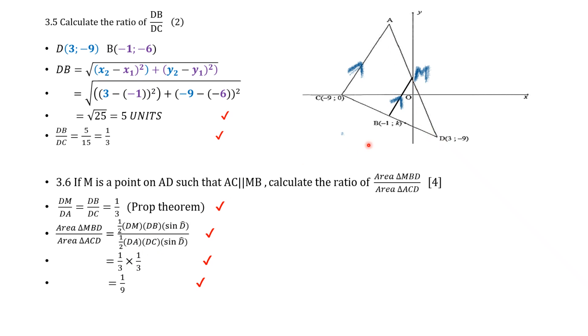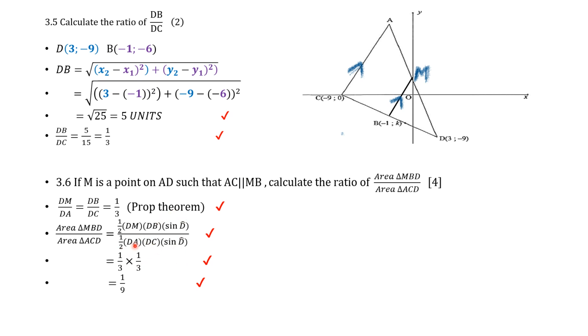And then I have TA, the long side, times TC sine D. So the smaller triangle is TM times TB sine D, then the bigger triangle is TA times TC sine D. Two sides and the angle in between the two sides, right? Half and half cancel. Sine D and sine D would cancel.